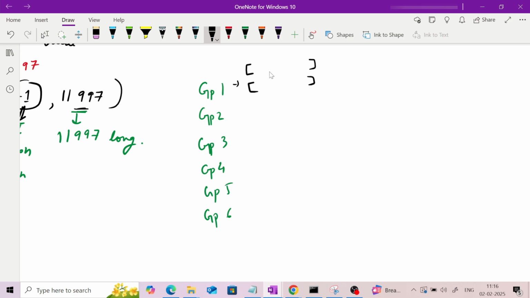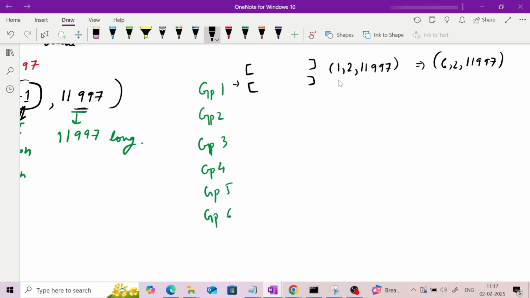The dimension of each group is 1 by 2 by 11997. So we have 6 groups, and when all the groups are in the same array, the final dimension is 6 by 2 by 11997. But what we want is for each group to be represented by a single vector.